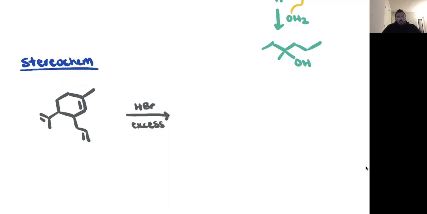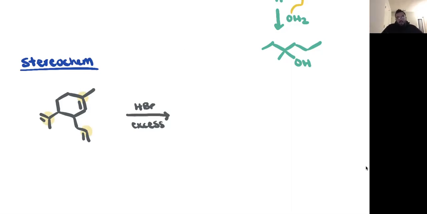Cool. Well, the first thing I would want to go ahead and do is to actually go and draw out my product. Okay. If I'm using excess, that means that all double bonds in the reaction are going to react. Cool. So we know that in terms of where our regiochem is going to be, we're going to have a bromine adding over here, a bromine adding over here, and a bromine adding over here. Cool.